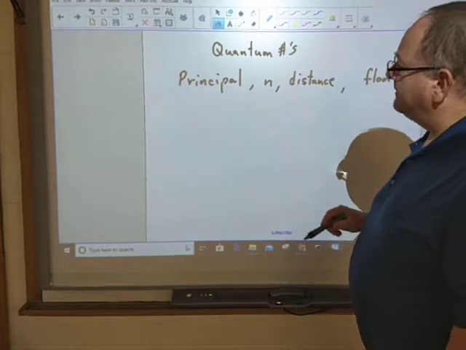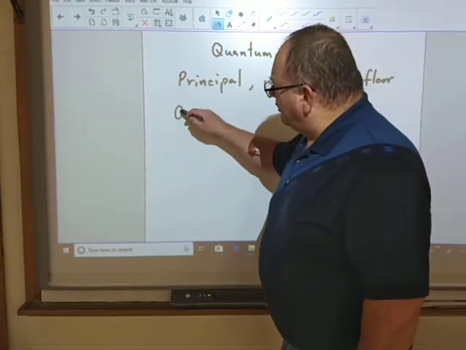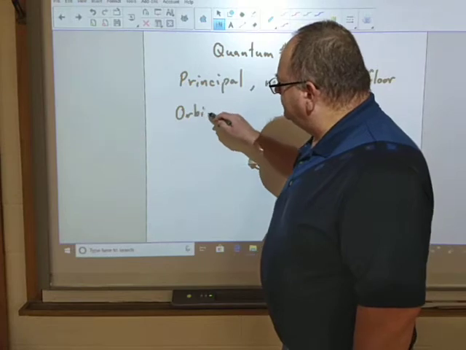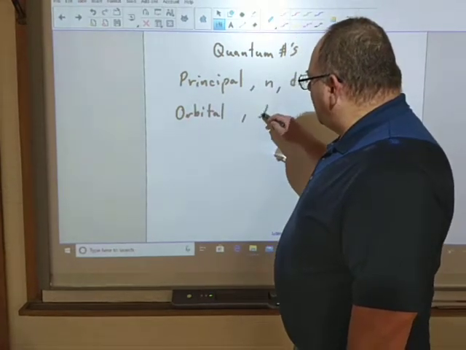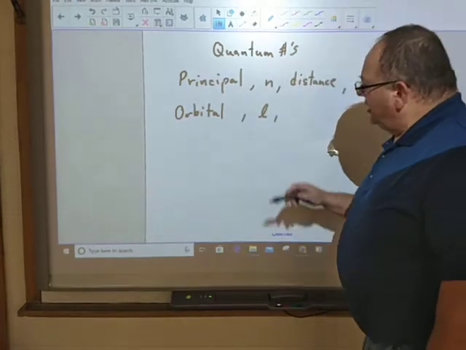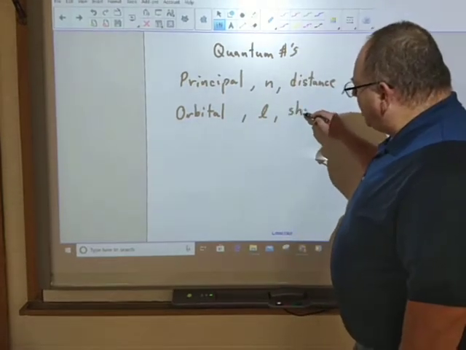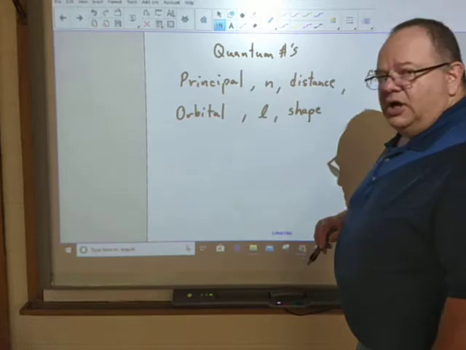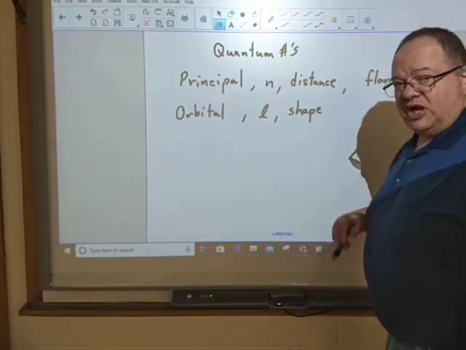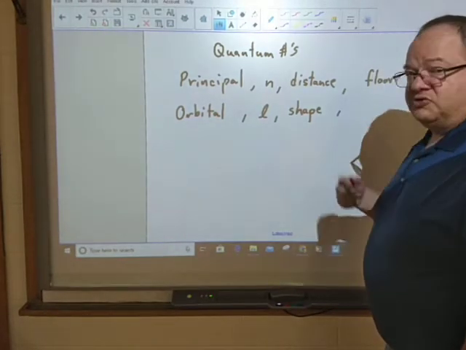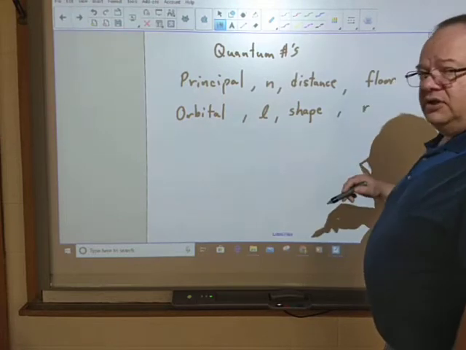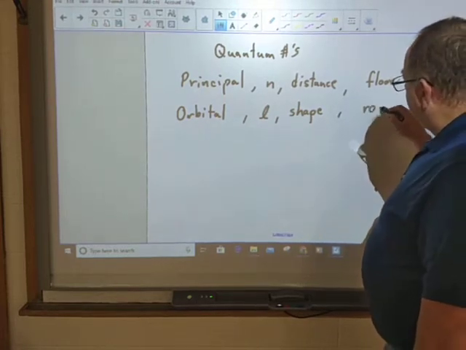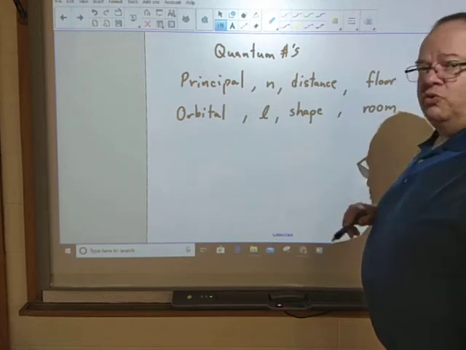What floor were you on? We have the orbital quantum number. Its symbol is L. It's telling us about the shape of the subshells, or the orbitals within the subshells. And from our electron hotel, it would correspond to the room on the floor.